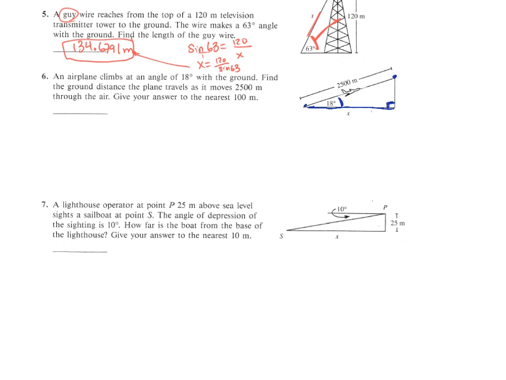Here's our angle. We have something that relates the adjacent and the hypotenuse, which is cosine. The cosine of 18 is the adjacent over the hypotenuse, 2,500.